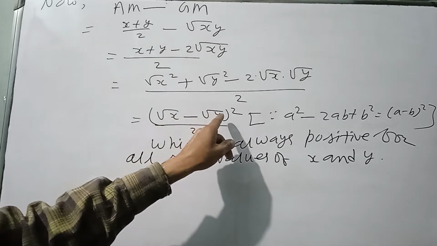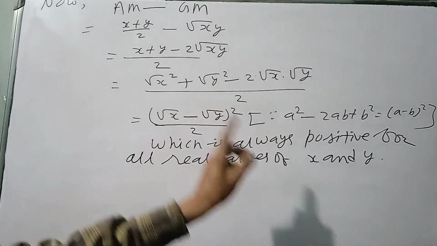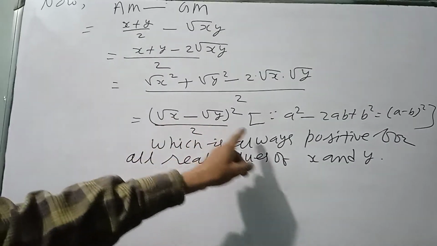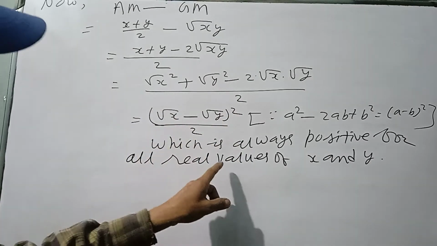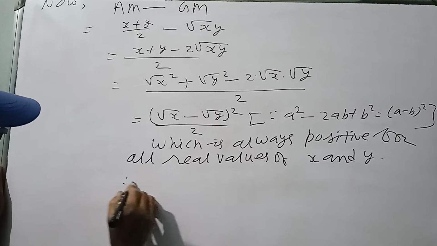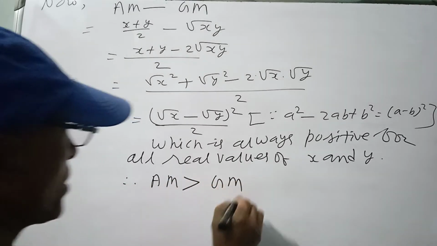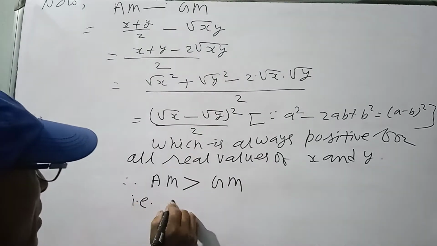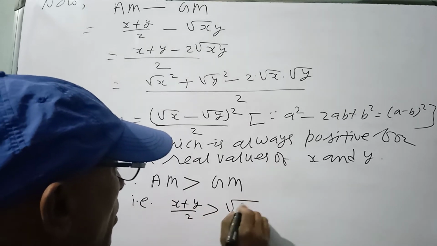If root x minus root y is negative, the whole square of a negative is positive. If it is positive, the whole square is always positive. This expression, root x minus root y whole square upon 2, is always positive. That means AM minus GM is positive. It shows that the arithmetic mean between any two numbers is greater than the geometric mean. That means x plus y upon 2 is more than root xy.